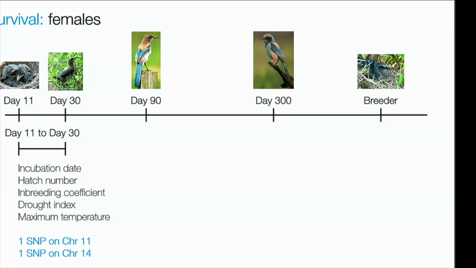The different fixed effects that we needed to control for this particular fitness component were incubation date, hatch number, inbreeding coefficient. We know there's inbreeding depression in our population. Drought index and the maximum temperature during this time period. And we found 2 SNPs, one on chromosome 11 and one on chromosome 14, that were significantly associated with survival.